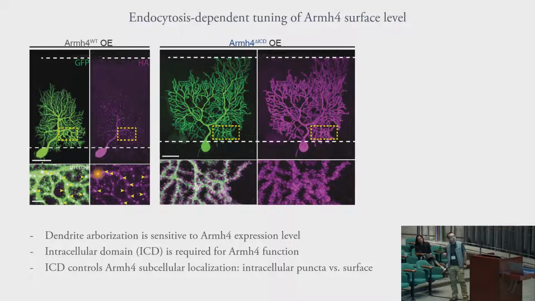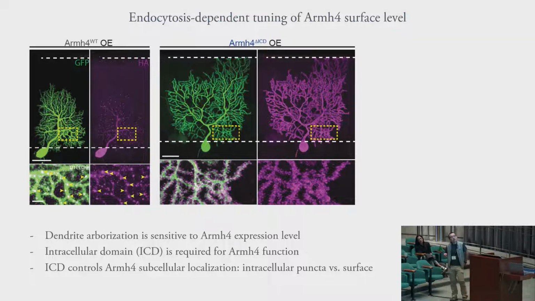When we zoom in, for the wild-type overexpression, they localize intracellularly in puncta, and we have data showing that it colocalizes with endolysosome markers. For the intracellular domain deletion, we can see that it's very surface localized, even within dendritic spines.